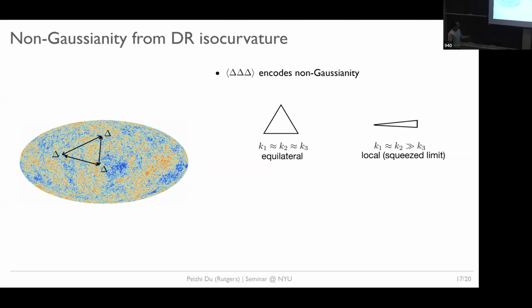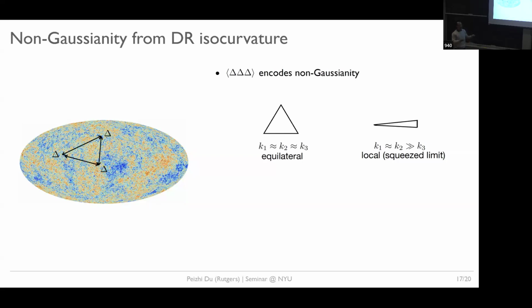How do people usually do that in the standard analysis? Because there are a lot of degrees of freedom in the 3-point function, you need to constrain them to some sort of templates to derive a constraint on these parameters. Usually we call it FNL, a one-dimensional parameter that parameterizes how much non-Gaussianity there is.